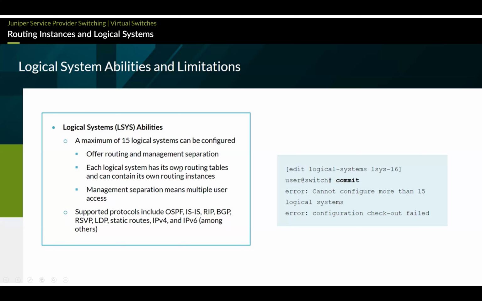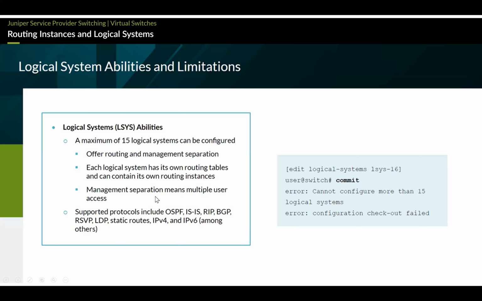Under a logical router, you can configure multiple routing instances, and those routing instances will be under the logical system. That means nested virtualization: the physical router, then the logical router, then under the logical router you can create the routing instances.